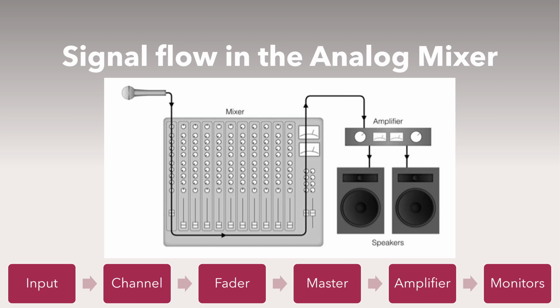And so the input from the microphone will go through the mixer, through the mixer channel into the master fader and then out to the amplifier. Now, as that signal is going through what we call the channel strip, all of the knobs that you see over there, that you see on each of those channels of the mixer, that is where the effects are going to be inserted.